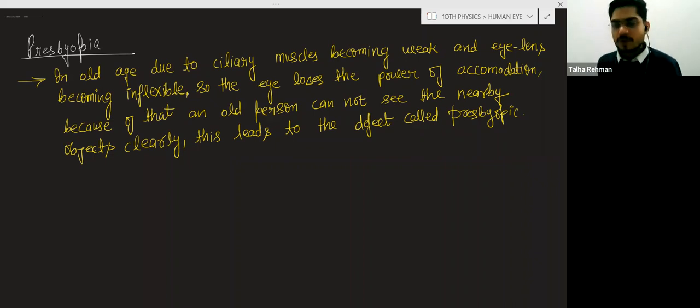The focal length of the eye lens increases and the power decreases. To see nearby objects, the eye lens should have a large power. So in that age, the eye loses the power of accommodation, and an old person cannot see nearby objects clearly.